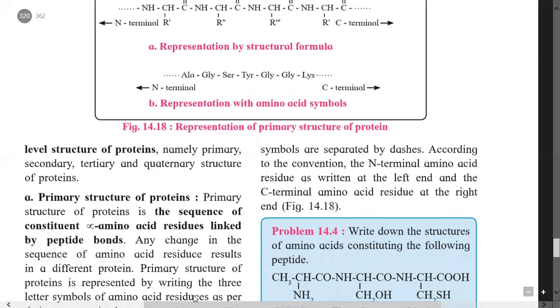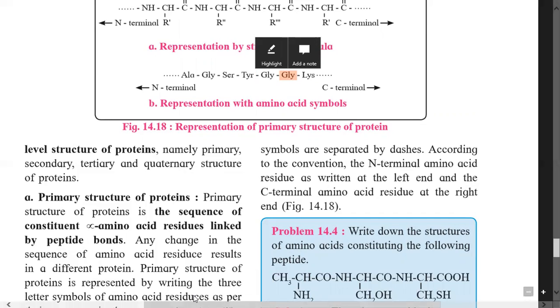Now, with the help of three-letter symbols, we can represent protein like this. ALA means alanine, GLY means glycine, SER means serine, then TYR means tyrosine, then GLY is again glycine, GLY is again glycine, like this.